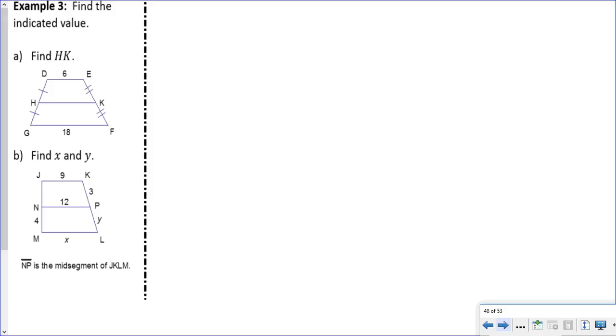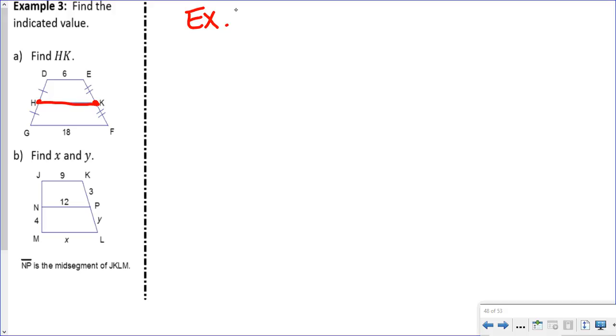All right, so example 3, we're going to find these missing lengths. So we said find HK. Now they're giving you these markings here showing you that H is the midpoint of that leg, K is the midpoint of that leg, so this is your mid-segment.